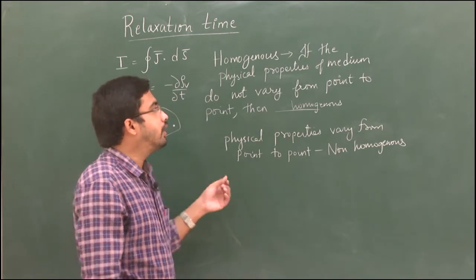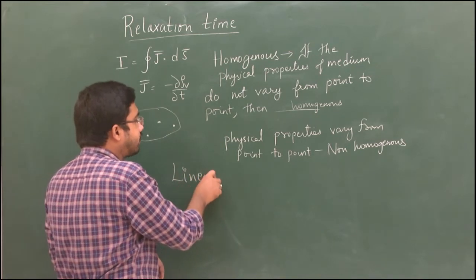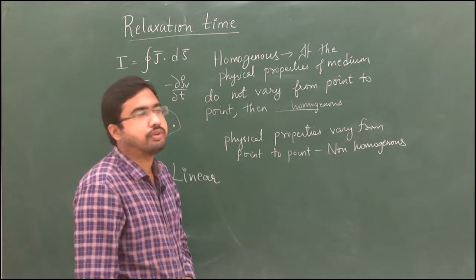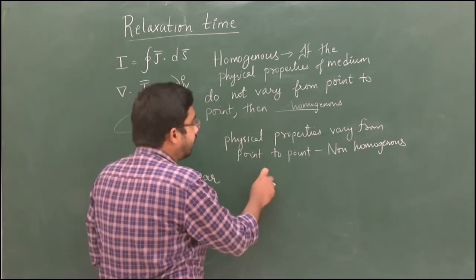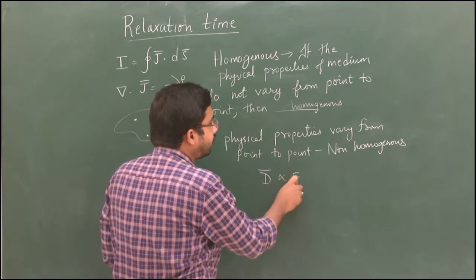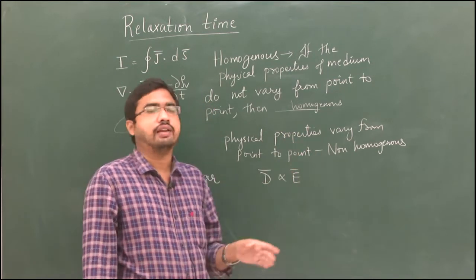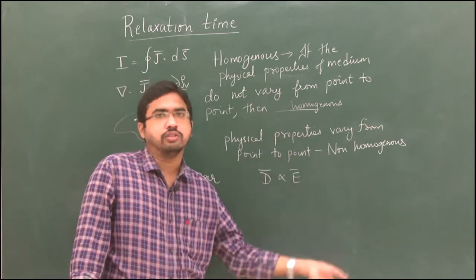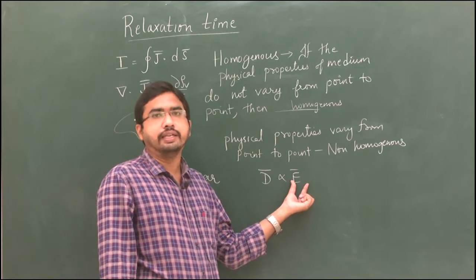After this we should also define what is meant by a linear system and a non-linear system. Suppose you are taking a medium. In a linear medium, D bar and E bar should be directly proportional. If D bar increases, E bar should increase, and if D bar decreases, E bar should decrease. D is the electric flux density and E is the electric field intensity.